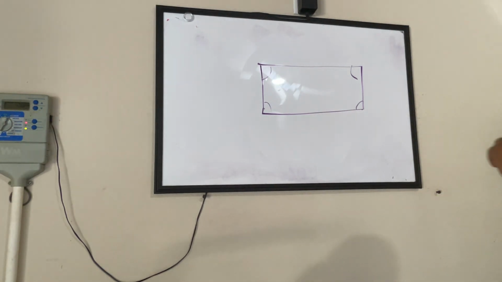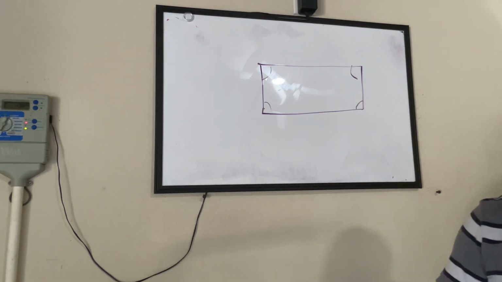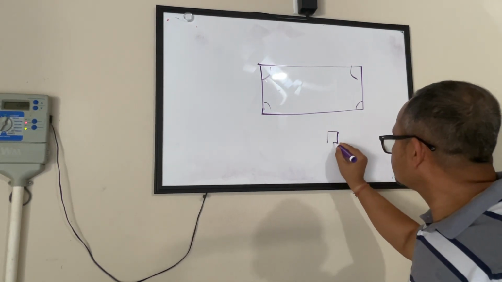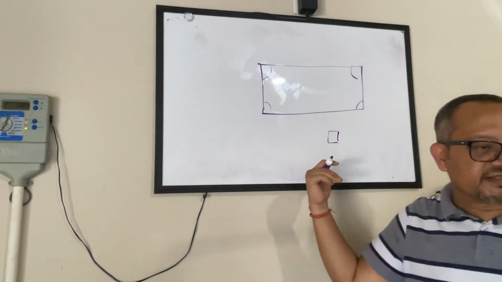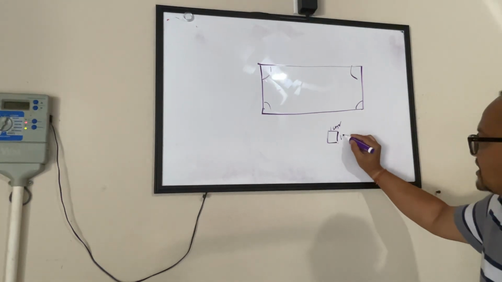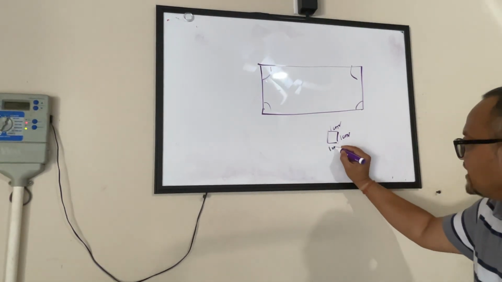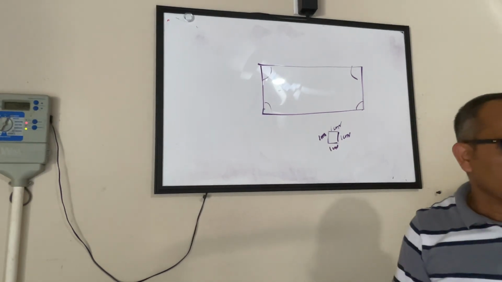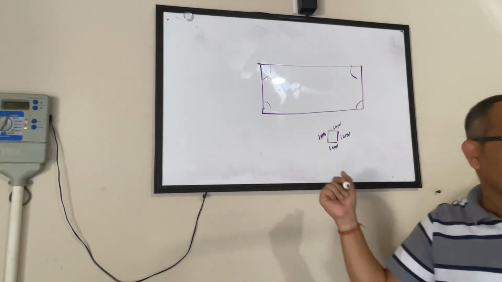Now, let's look at one small thing before we move on. What is this? I will say this is 1 centimeter in length, 1 centimeter in width, all sides are 1 centimeter. Okay? What this can be called?